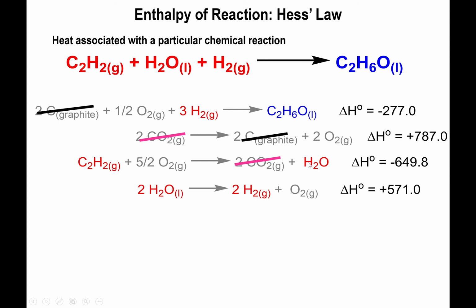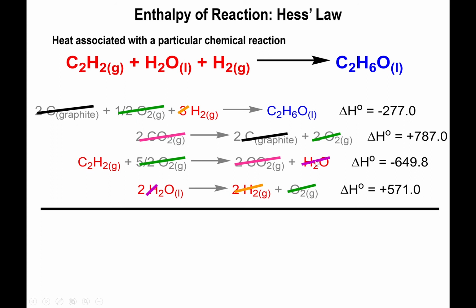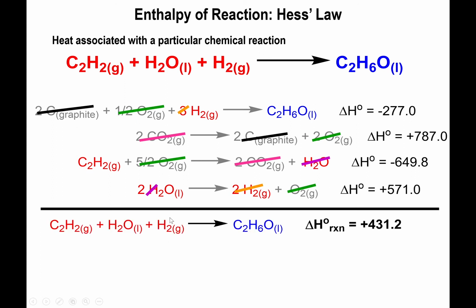And if you look on the right side, you have 2 O2s and 1 O2, which is also 3, so they fully cancel out. Alright, then the 3 H2s partially cancel out with the 2 H2s to leave you 1 H2 on the left side, as we want it to happen. And then the 2 waters partially cancel out with the 1 water on the product side to leave you only 1 water on the left side.